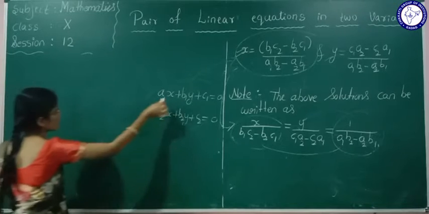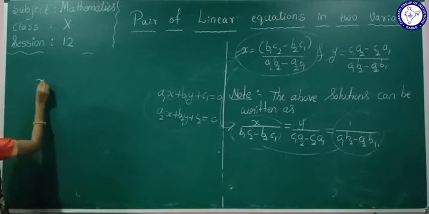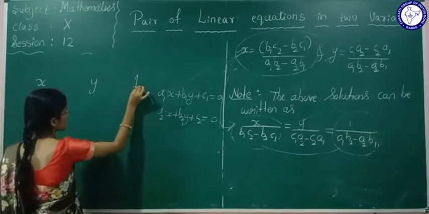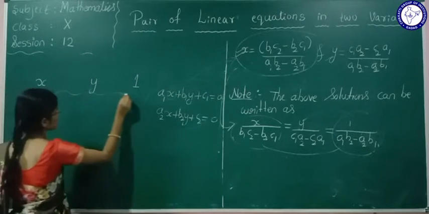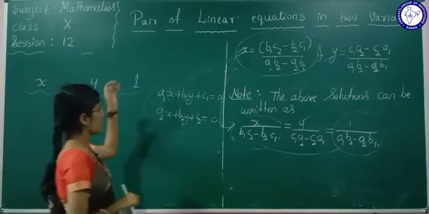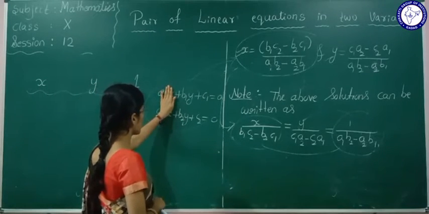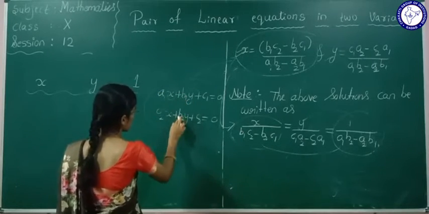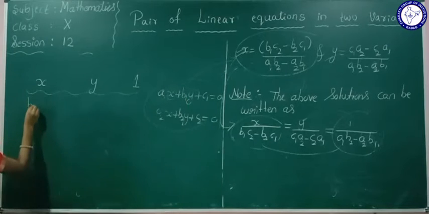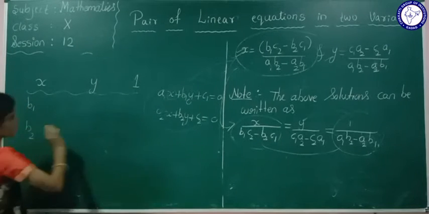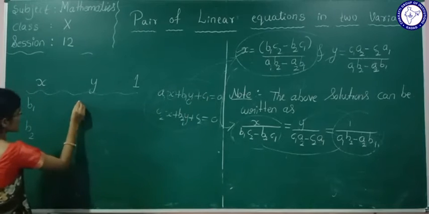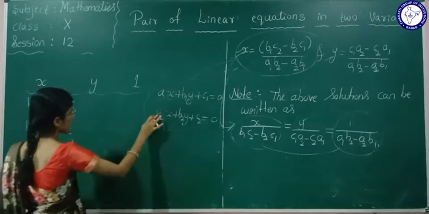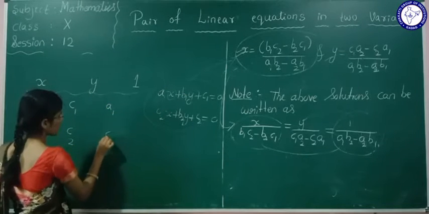Now for this I will tell one easy hint here students. See here, first we will write here x variable, y, and write here 1. Okay, now see here, leave the x variable and see here, in the y variable what is the coefficient? b1, b2. Afterwards you write here c1, c2. Afterwards you take again a1, a2.